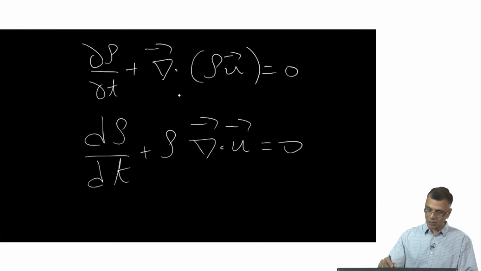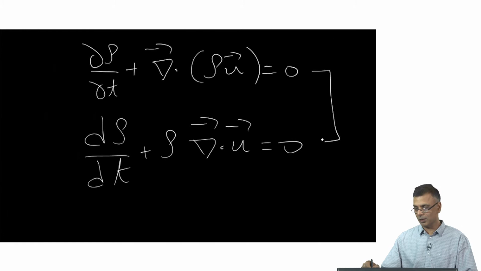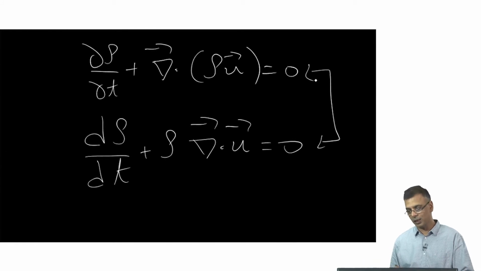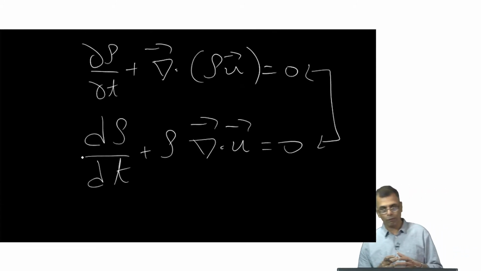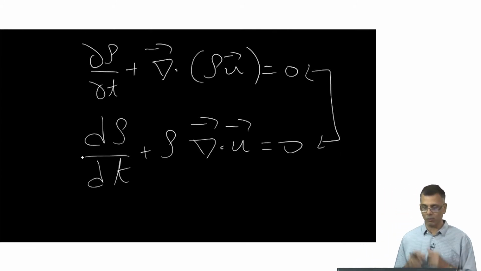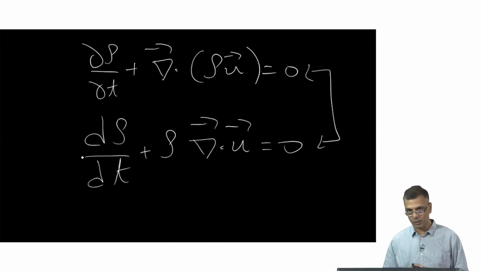Okay, so these are the same thing. This and this, the same equation, just a matter of the perspective. So this would be the lab perspective and this would be the perspective of an observer who is moving along with the fluid parcel.